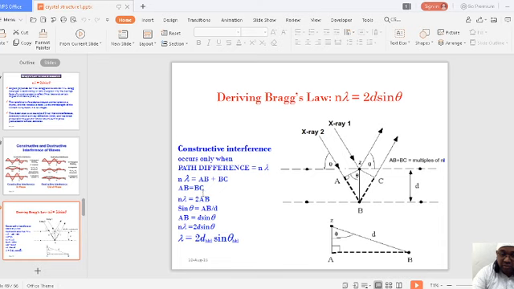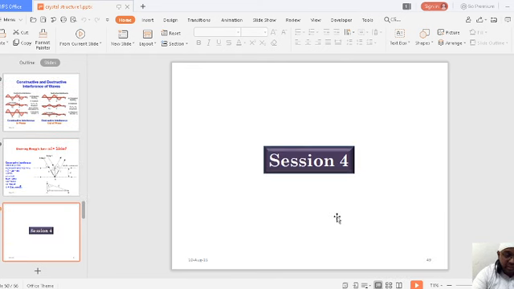Since AB is equal to BC, I need not go again for the other right angle triangle. That is the reason I've gone for this particular triangle. You can make a note of it. So this is the case for solving mathematically n lambda is equal to 2D sin theta.